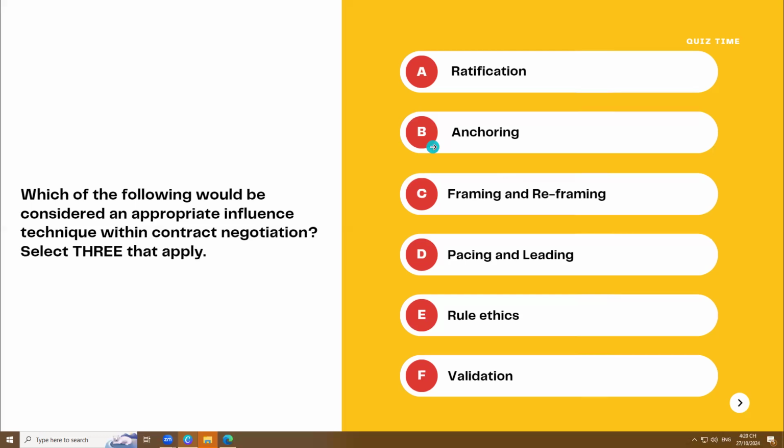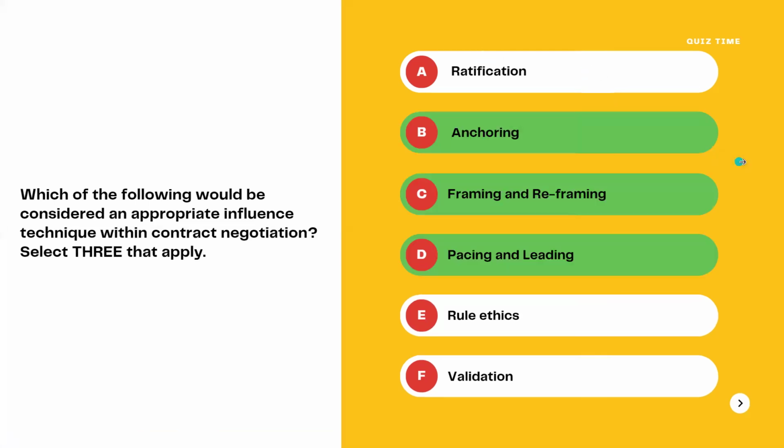For this question, there are some techniques for pull: anchoring, framing and reframing, and pacing leading. Anchoring means subtly suggesting a number as the anchor in the mind of the other party.